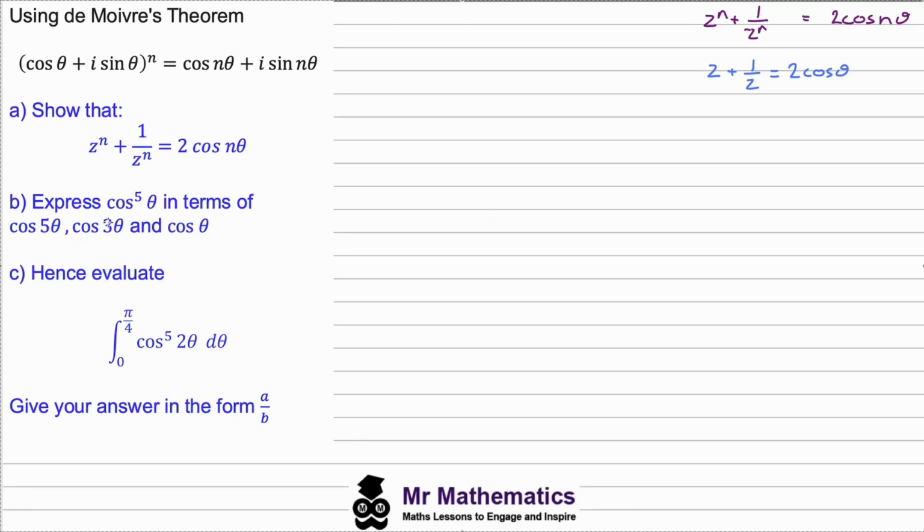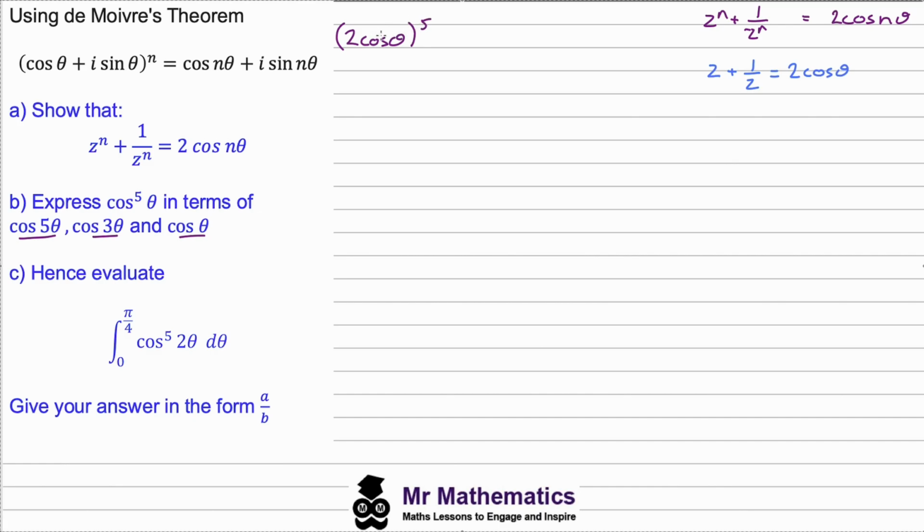So for question B, we need to express cos to the 5 theta in terms of cos 5 theta, cos 3 theta, and cos theta. So the way we're going to do this is we're going to raise this term to a power of 5. So we'll have 2 cos theta to a power of 5.